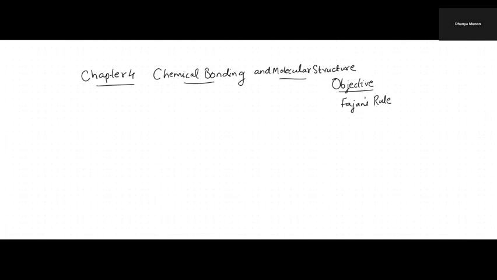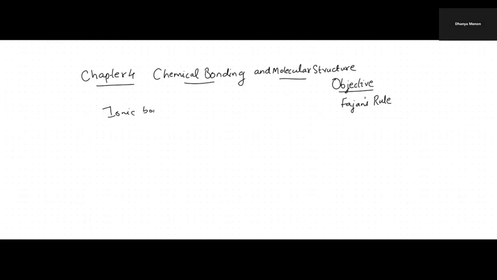So in today's lesson we will be learning about Fajans rule. Okay, so we already discussed before that no bond is completely ionic or covalent. For example, even if it is an ionic bond, it is not 100% ionic.